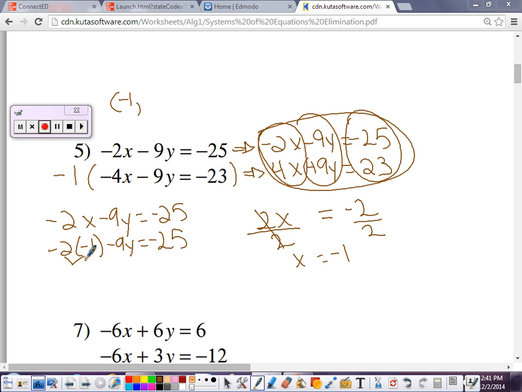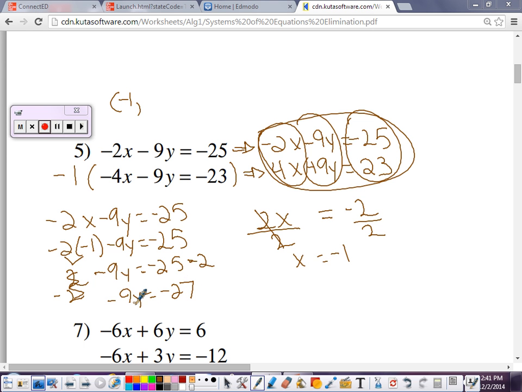Negative 2 times negative 1 is positive 2. Minus 9y equals negative 25. This is a positive 2, so I'm going to subtract it to get rid of it from over here also. And that gives me negative 9y equals negative 27.